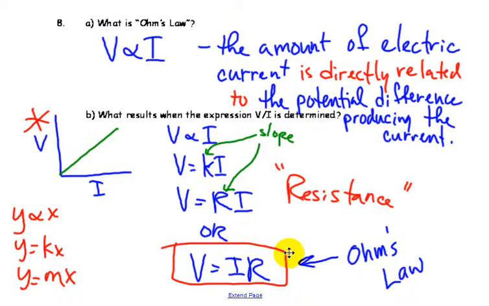So in terms of Ohm's law, this is what he found. V is equal to, now quite often it's just rearranged here, V is equal to I times R. So the slope of a VI graph is resistance.